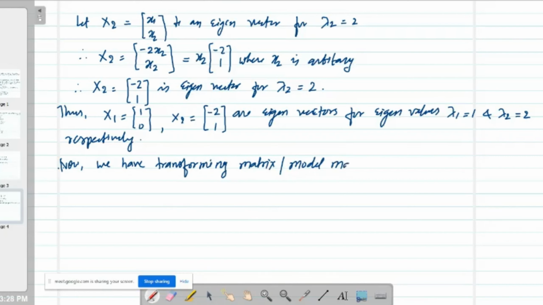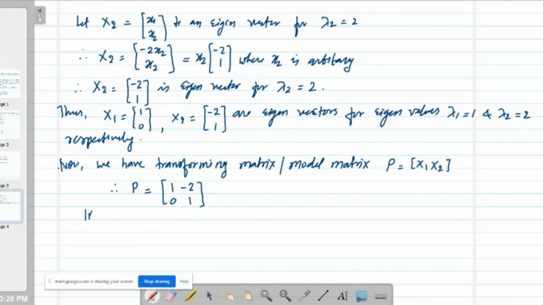Matrix P. P is what? Your x1, x2. So therefore, matrix P: x1 is (1, 0), x2 is (-2, 1). This is your transforming matrix, or you can say model matrix. And this matrix must be non-singular.